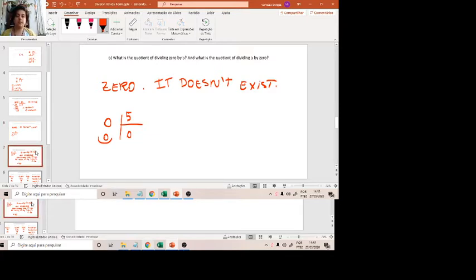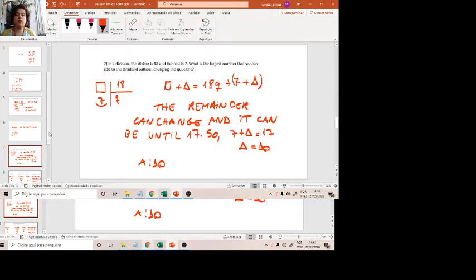Question 7. In a division, the divisor is 18 and the rest is 7. What is the largest number that we can add to the dividend without changing the quotient? So look at this. I have a division, the divisor is 18. So the biggest remainder I can have is 17, right?